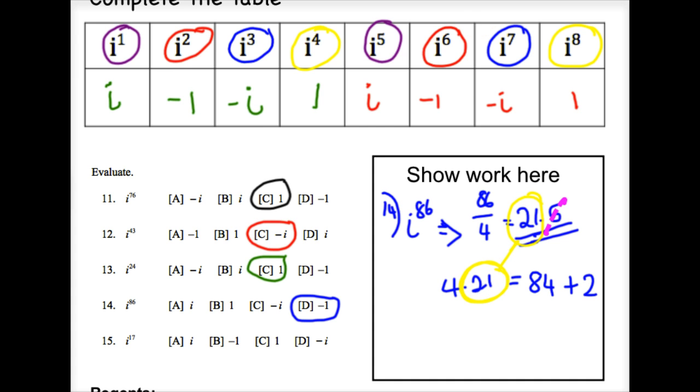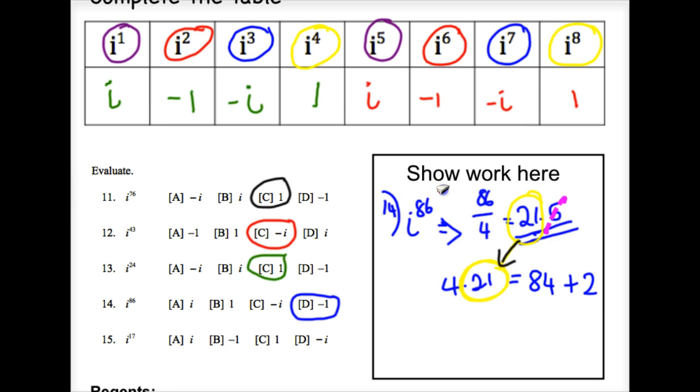And I'm going to multiply it by 4 because remember, it's a special pattern every 4. 4 times 21 is 84. There's 84 here, but I wanted 86. So these two numbers have to match. What do I need to add to 84 to get 86? It's a 2. And then I look, what's i squared? It's -1. That's my final answer.